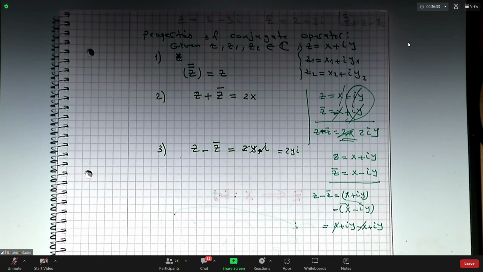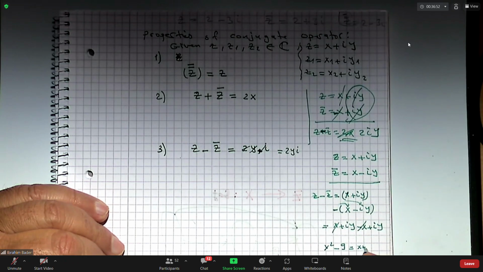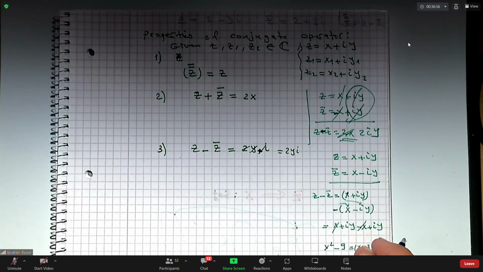If you have x squared minus 9, you factor it: x plus 3 times x minus 3. So these two are conjugates of each other, right?